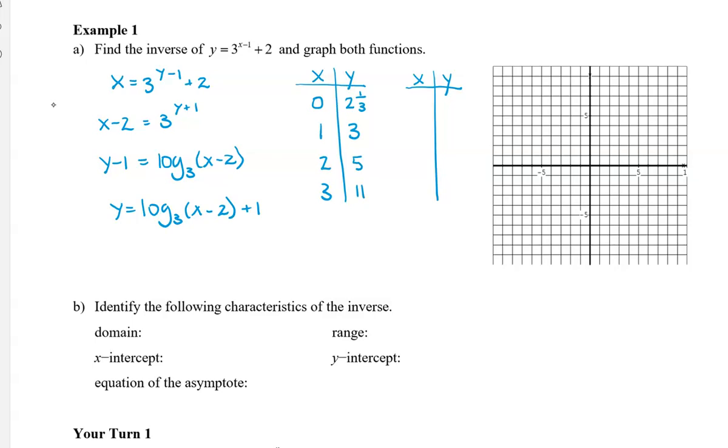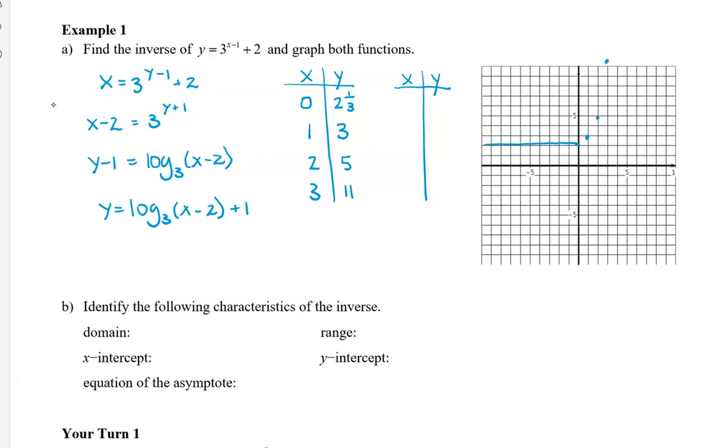These will be the points for the original exponential function. So let's graph this. So (0, 2 and 1/3). Okay, connecting my points. Try not to draw the graph right where the asymptote would be, just because it is supposed to not be touching the asymptote.